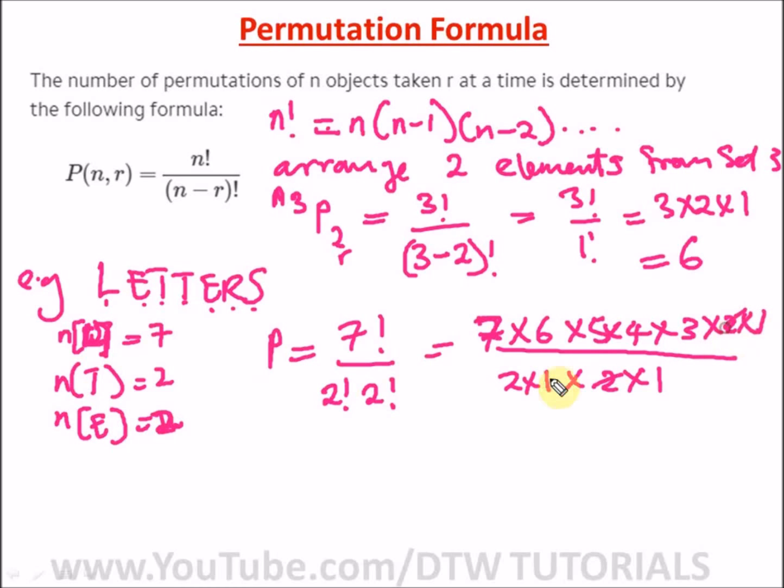When we cancel out, we have 7 times 6 times 5 times 2 times 3, and we're going to get 1260. So this is a simple way of solving permutation.